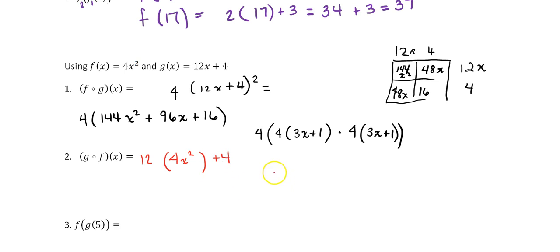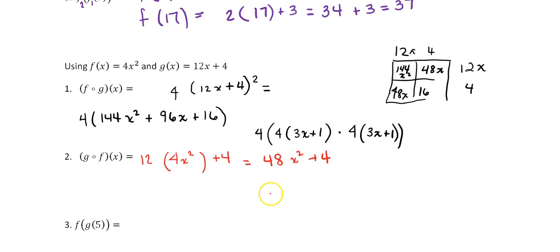Alright, so this is going to give me 48x squared plus 4. Now, if I wanted to, I could factor a 4 out, but in this case I would say leave it as it is. We wanted to just kind of get it to this point.